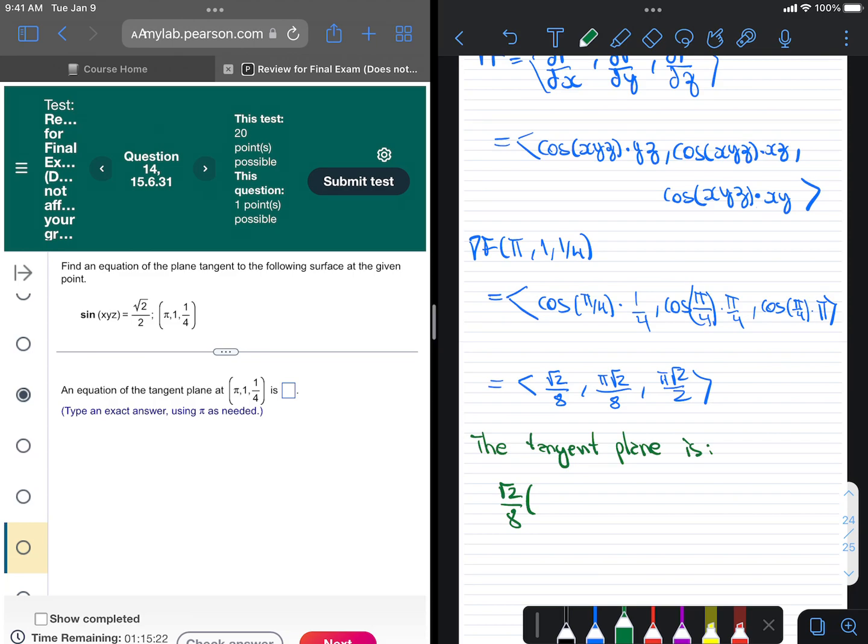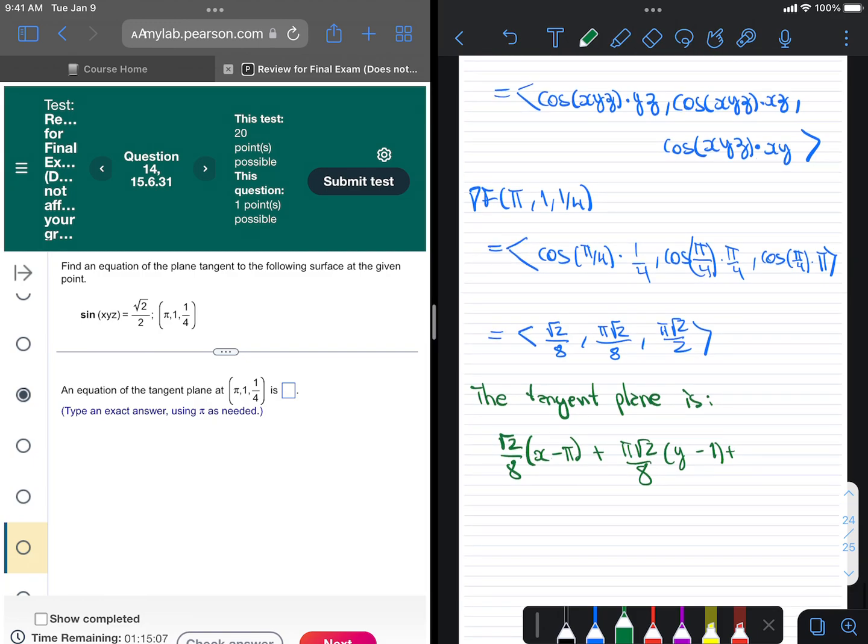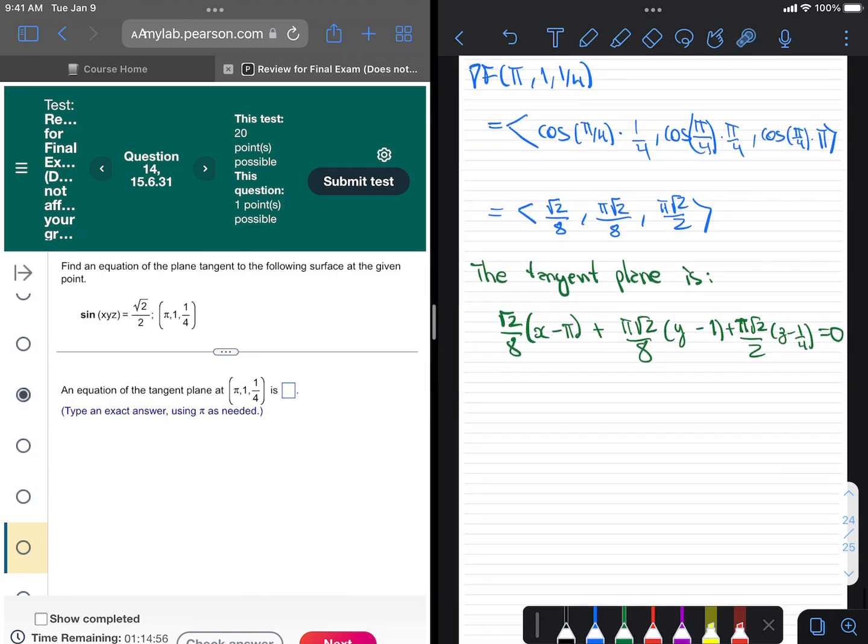That's the a of the plane, x minus pi, plus pi root 2 over 8 y minus 1 plus pi root 2 over 2, that's a pi right there, z minus 1/4 equal to 0. That's the equation of a plane. These are the coordinates of a point that's contained in the plane, and these are the coefficients, which are the coordinates of the normal vector.